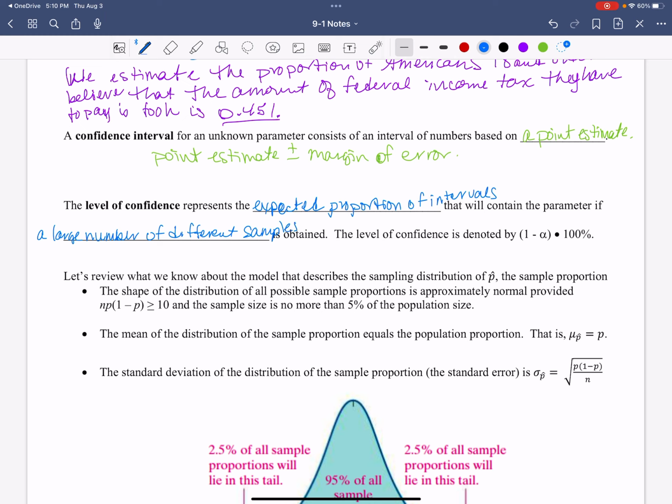The level of confidence is denoted by 1 minus alpha. Remember, there's that alpha times 100.